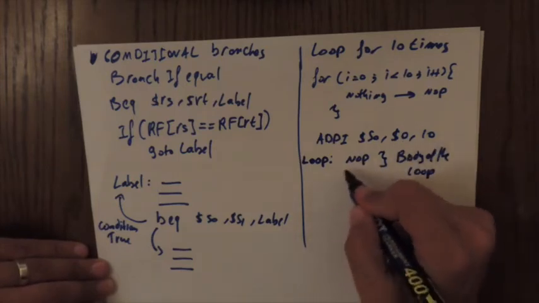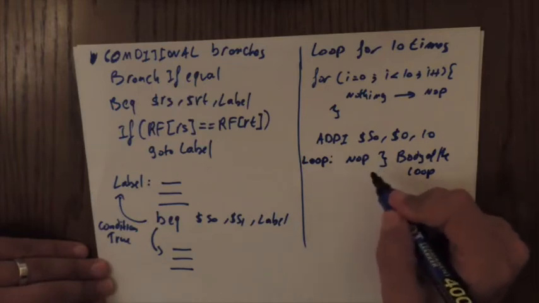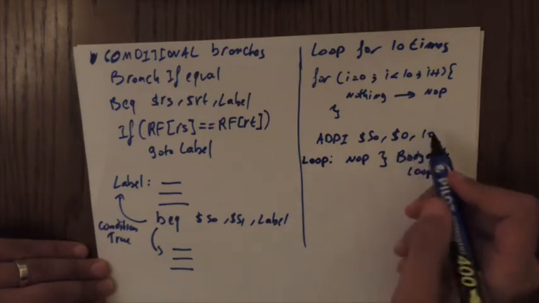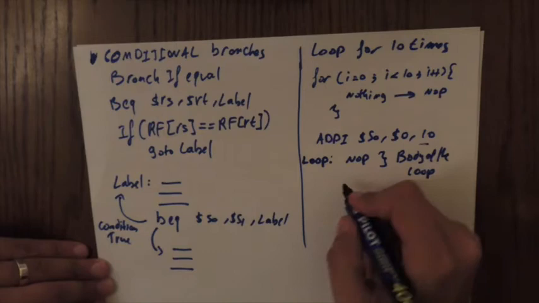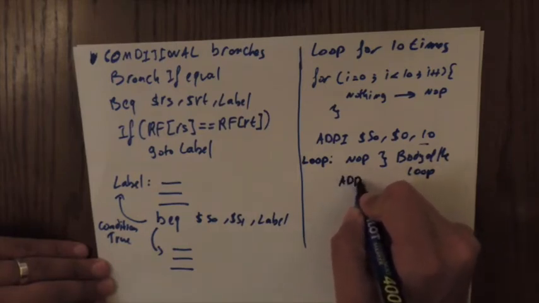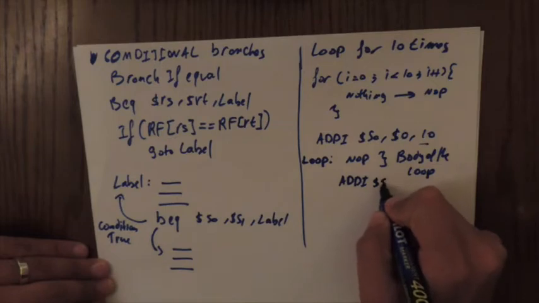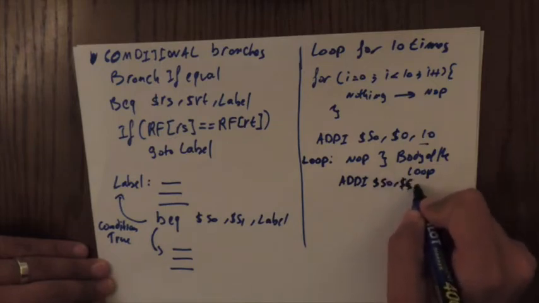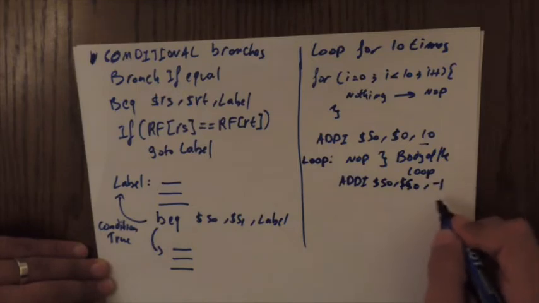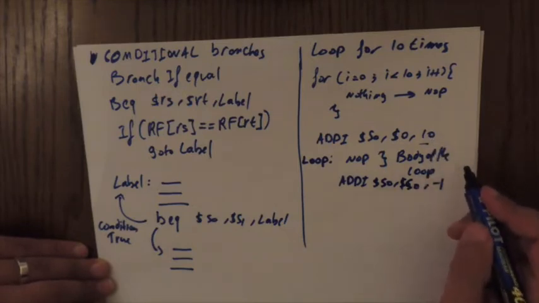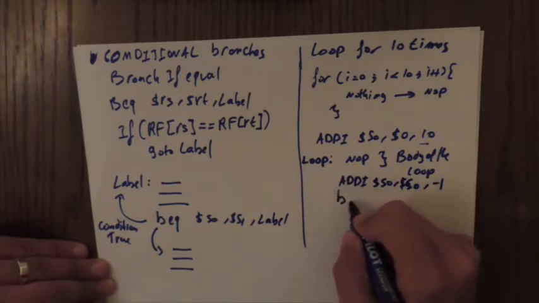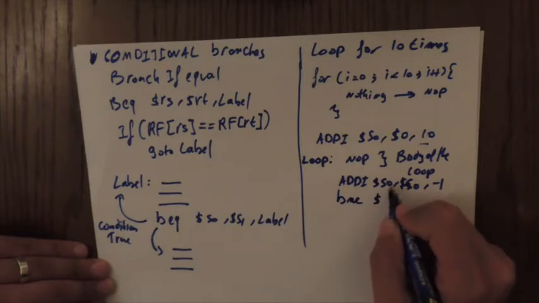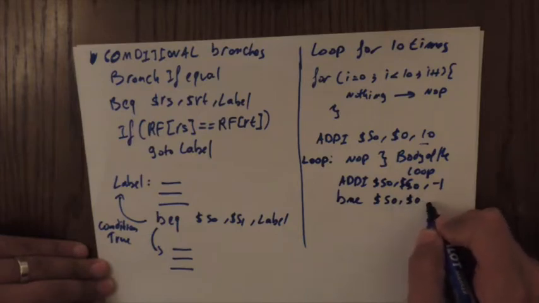I do no operation, or whatever operation I want, and subtract from this 10 to be 9, 8, 7, 6, until I reach 0. So I do addi $s0, $s0, minus 1. Here I'm subtracting 1 from 10, so it's 10, 9, 8, 7, and then I'm going to reach 0. So I'm not going to use branch if equal, I'm going to use branch if not equal: bne $s0, $0, loop.